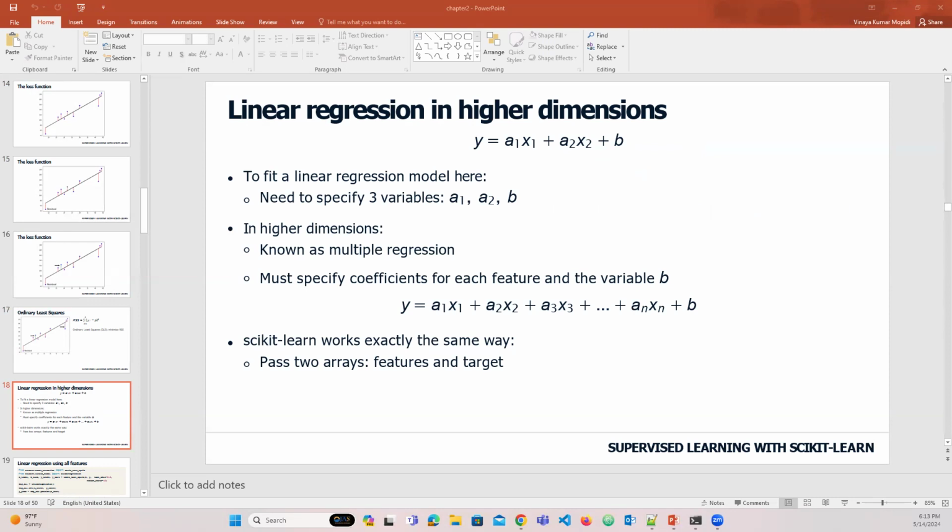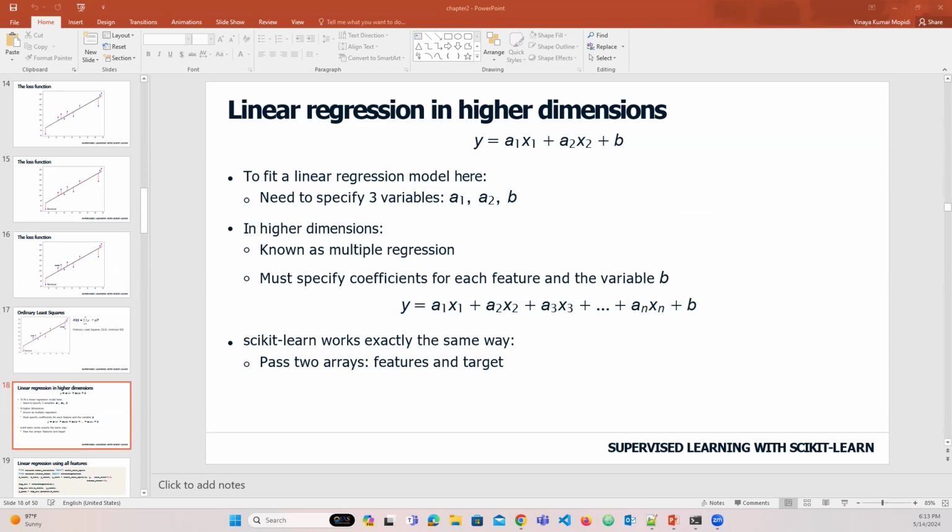We specify three variables: a1, a2, and the intercept b. And when adding more features, it is known as multiple linear regression. Fitting a multiple linear regression model means specifying a coefficient an for n number of features, and b.